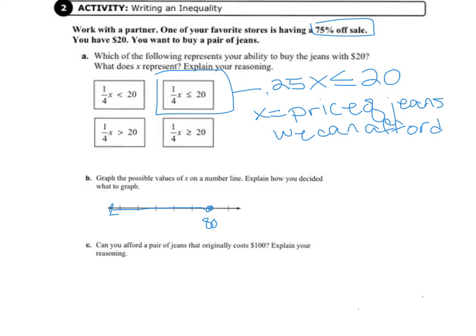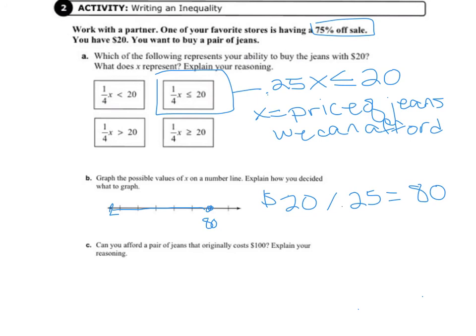So we decided what to graph by calculating $20 divided by 25%, which equals 80. So it asks, can you afford a pair of jeans that originally cost $100?